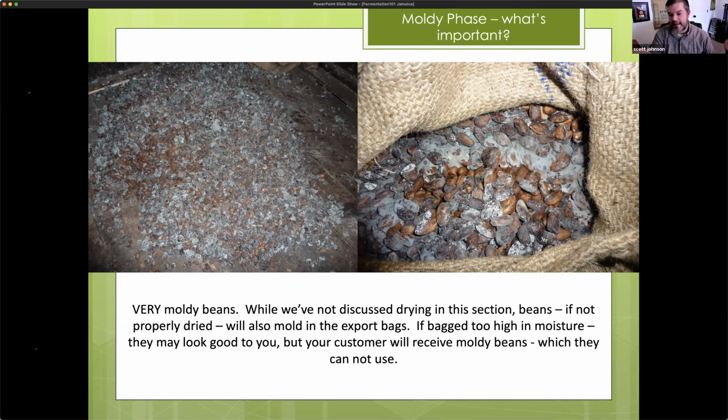And he's going to scratch his head going, well, all I see is a moldy mess of beans here. What happened? Well, there's a couple things that can happen. But the thing that you can control is making sure you dry your beans to 6 to 8% moisture. If they're higher than that, they may look good when you send them, but when he opens them, they'll have molded during transit. On Friday, we'll talk about how we measure that.